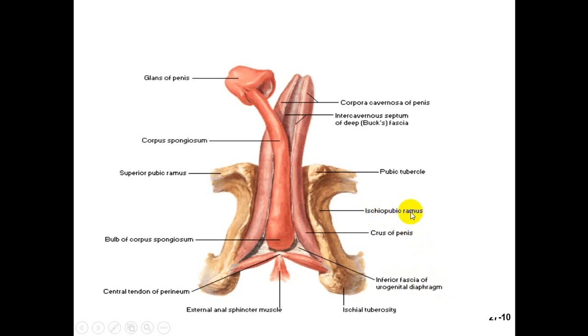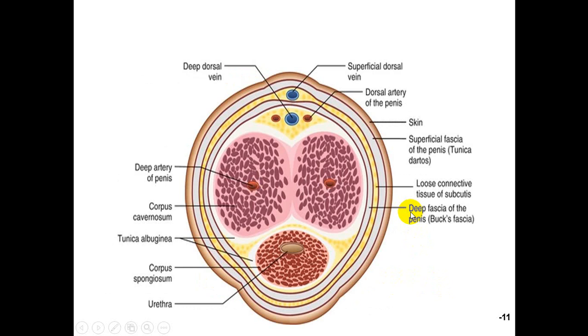We'll see all these things later. So this is the penis. We have the deep dorsal vein of the penis, buried inside the penis. Then we have the superficial dorsal vein. Dorsal means the back of the penis, there are two veins, one deep and one shallow.